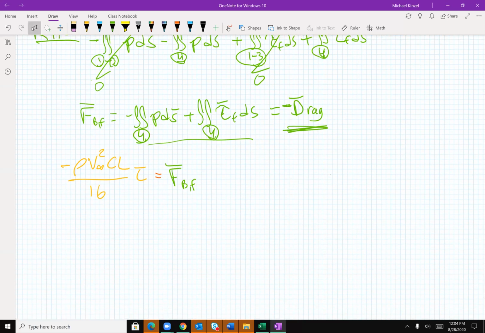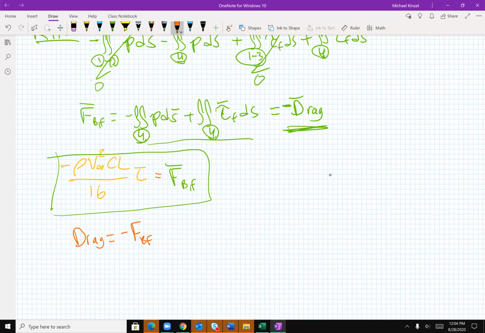So this is basically it. What does this tell us? It tells us that the force that the body pushes on the fluid is given by this, or the drag equals the opposite, negative F_BF, which equals positive rho V infinity squared times the chord times length on 16.